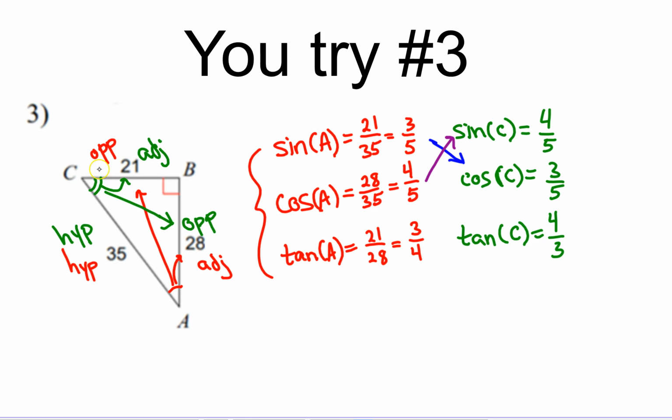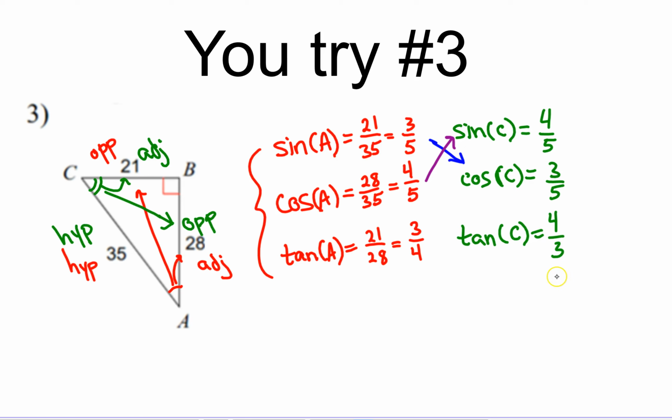Then I knew that if I go to the opposite angle, I'm going to use that property that says the sine of one angle is equal to the cosine of the other, so that means the cosine of C must be 3/5, and the sine of C must be 4/5, because that's going to be equal to the cosine of the other angle. And then I remembered that with tangent functions, the opposite angle is just the reciprocal of that.